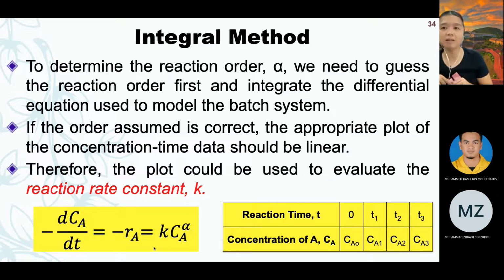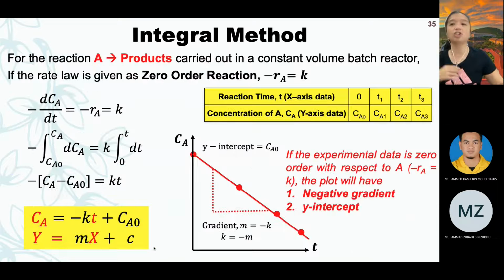Tapi integral method kita dah ganti dulu alpha tu dengan 0, dengan 1, dengan 2 ataupun 3 ataupun 4 ataupun selamanya lain. Tapi in my lecture I only cover 0, 1 and 2 order. Sebab apa? Because the common reactions, the orders are usually from 0 to 2. Rarely third order, fourth order. Although I will not say tak mungkin, tak boleh juga. Ada juga reaction yang boleh jadi third order or fourth order.